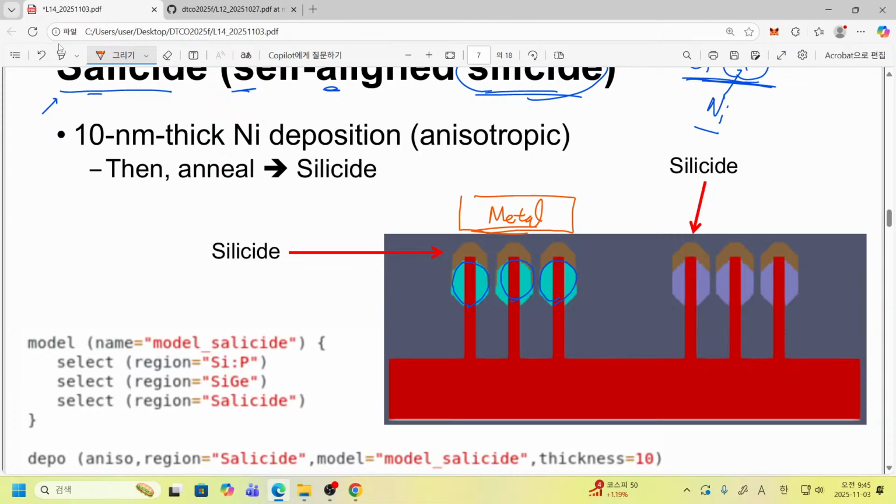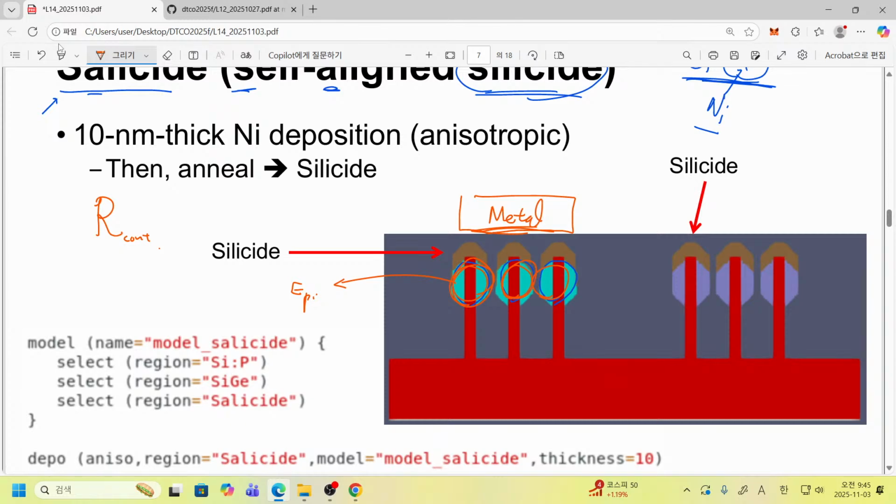However, when we make a direct contact between the metal and this source-drain epi layer, we can have quite a large contact resistance.